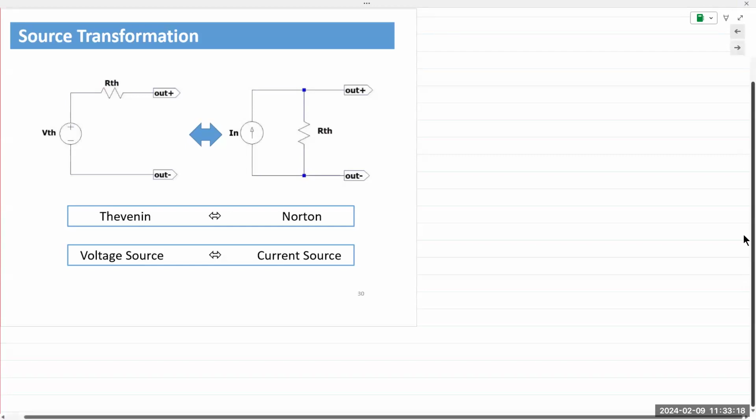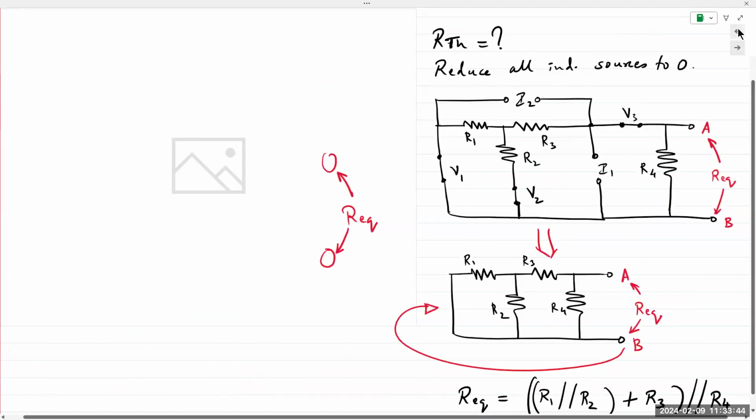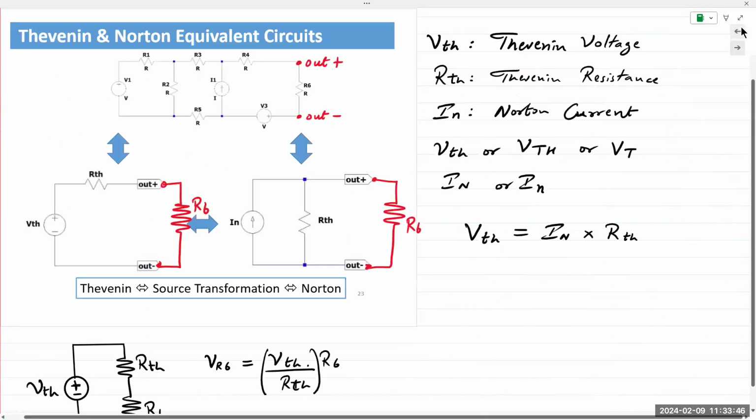Okay. The concept comes from the equivalent circuits of Thevenin and Norton, right? Both theorems state that you could take a large linear network and represent it as a voltage source, or you could represent it as a current source, right? So if A equals X and A equals Y, I can conclude that X equals Y. Let's look back at the beginning of this topic.